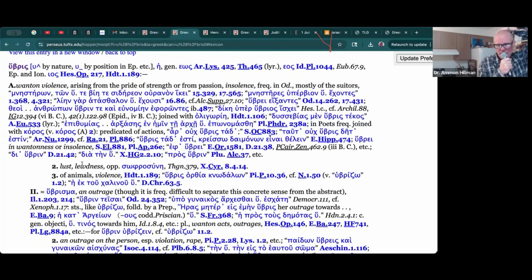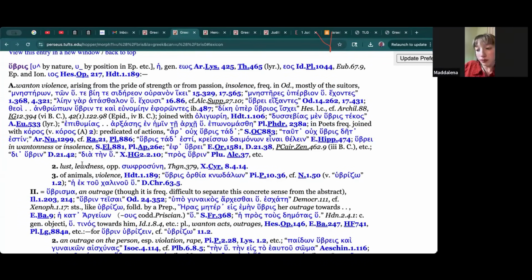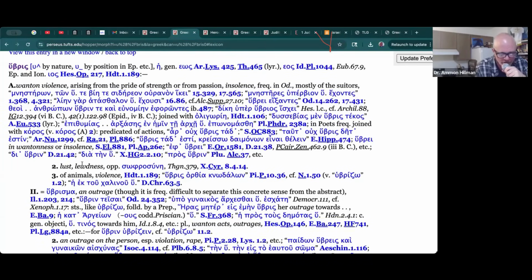Wanton violence is violence with license. When Ehud Barak did what he did to Virginia, that was hubris. That is the perfect example of hubris.